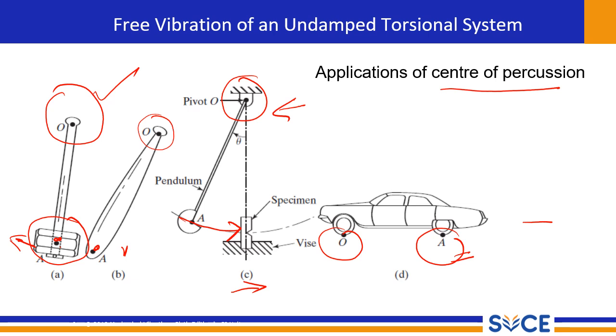These examples demonstrate the wide range of applications of the center of percussion, whether it is a simple tool like a hammer or a complex system like a vehicle suspension. Understanding and utilizing the center of percussion helps us optimize performance, minimize shock, and improve the overall efficiency of systems. This principle highlights the importance of considering dynamics and impact forces while designing various mechanical systems.